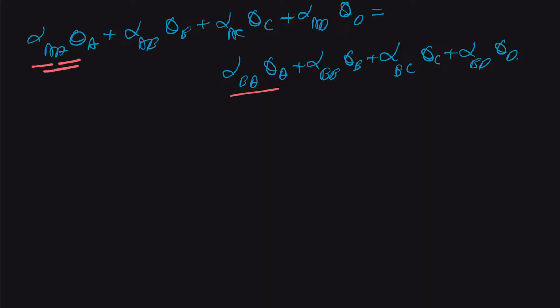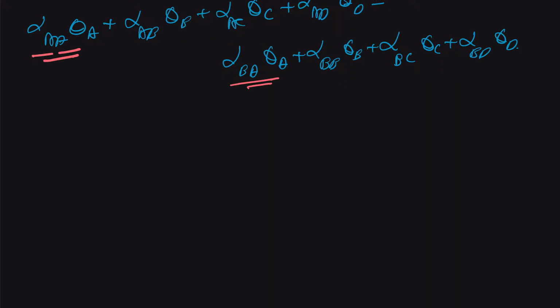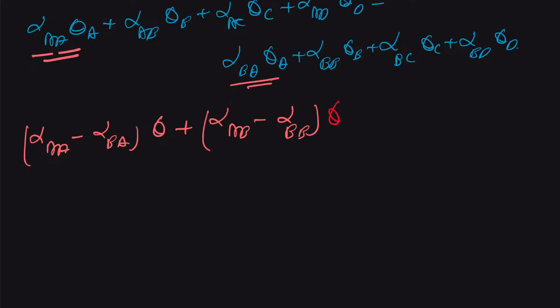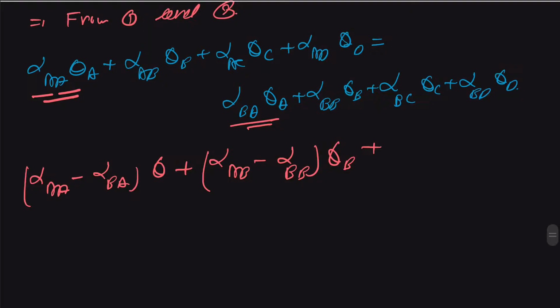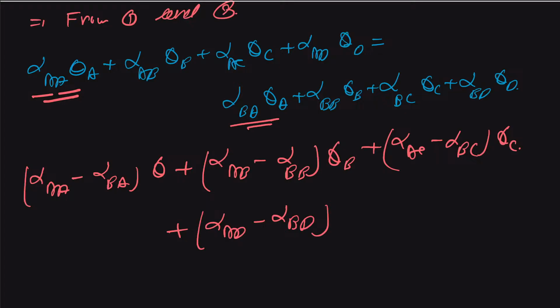Now we can just segregate the terms. This is our QA and this is also QA. So we can take this common, and we get alpha AA minus alpha BA times QA, plus alpha AB minus alpha BB times QB, plus alpha AC minus alpha BC times QC, plus alpha AD minus alpha BD times QD, is equal to 0.